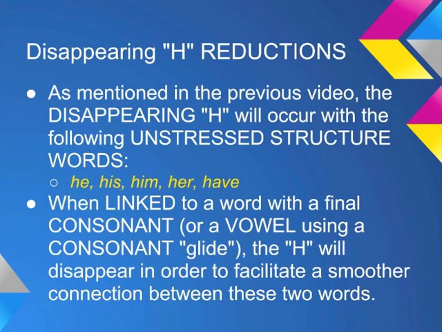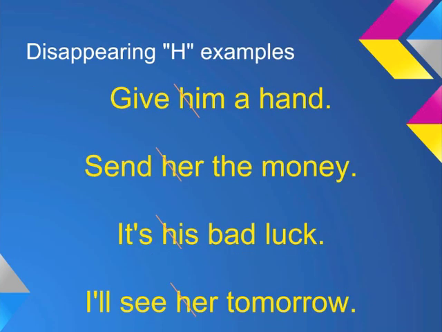As mentioned in the previous video, we talked a little bit about disappearing H. Now, disappearing H will occur when the following unstressed structure words, he, his, him, her, and have, are linked to a word with a final consonant or a vowel using a consonant glide. The H will disappear in order to facilitate a smoother connection between these two words. So again, notice you will create linked situations here.